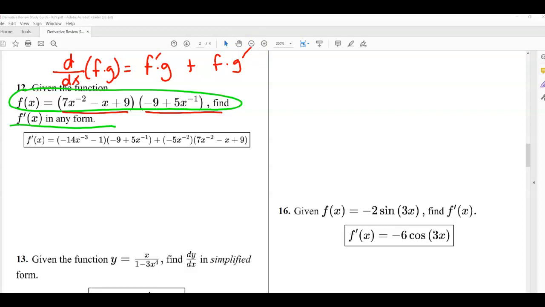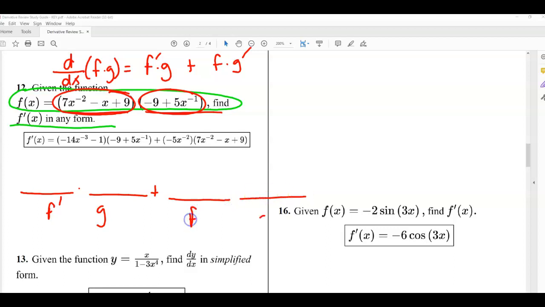Okay? So this is kind of like my f, and this is kind of like my g. So f prime g plus fg prime. All right, so the derivative of the f would be negative 14x to the negative 3 minus 1.